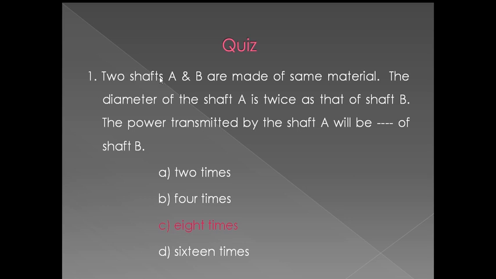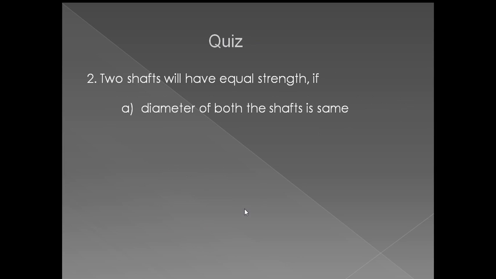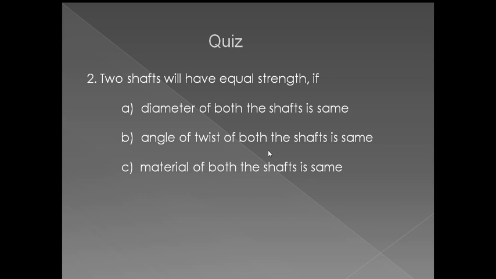If two shafts A and B are made of the same material, and the diameter of shaft A is twice that of shaft B, the power transmitted by shaft A will be 8 times that of shaft B. Two shafts will have equal strength if the diameter of both shafts is the same, the angle of twist of both shafts is the same, the material of both shafts is the same, and the twisting moment of both shafts is the same.